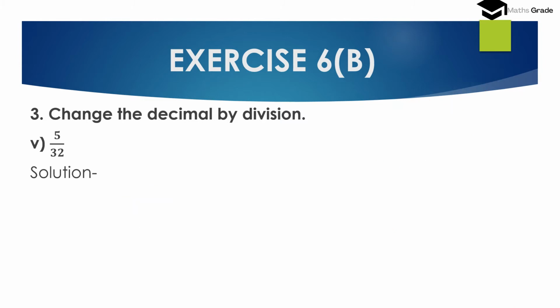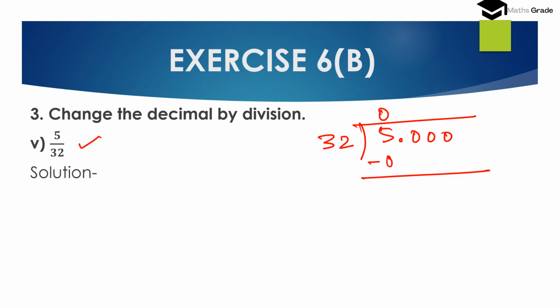Now fifth bit, 5 divided by 32. We can write 5 as 5.000 and divide by 32. If we multiply 32 with 0, it is 0.